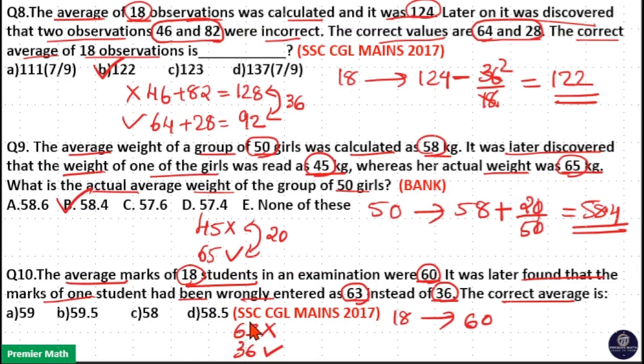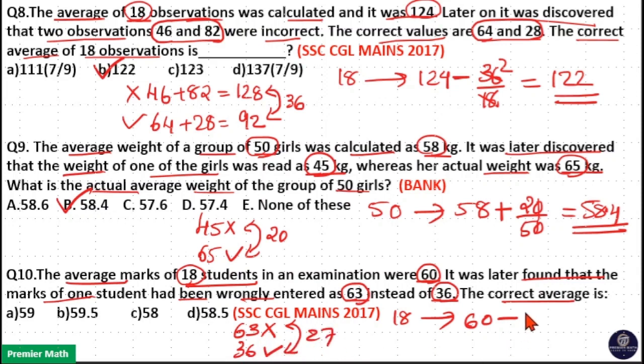So when you calculate average with 63, the average is 60. So when you calculate average with 36, the average will decrease. So you have to subtract a certain number from this average. Now take the difference in reading. Here the difference between false reading and true reading is equal to 27.